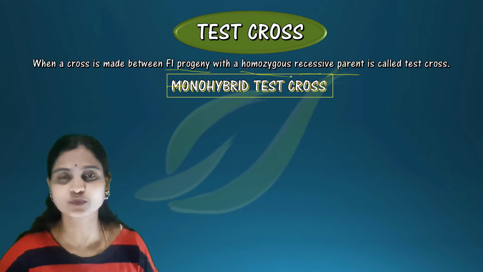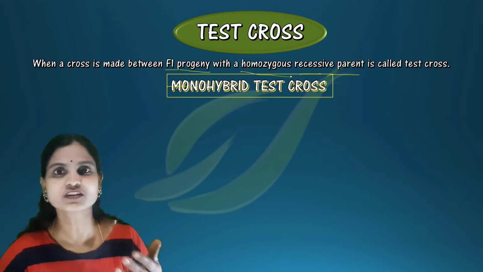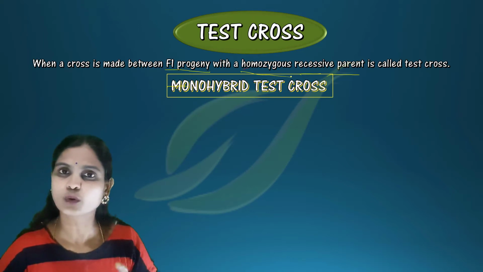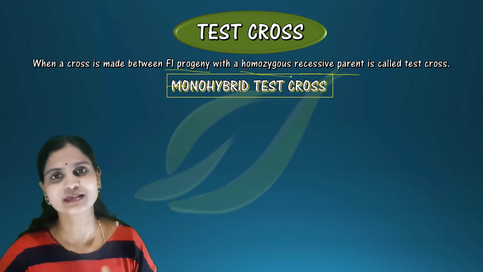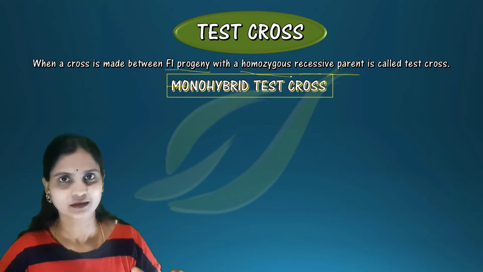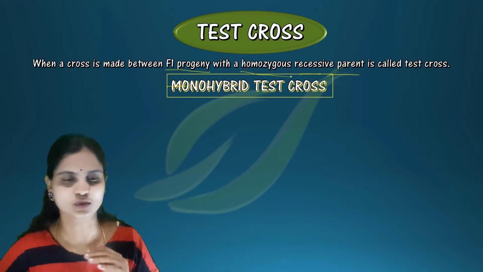In the previous video we discussed monohybrid cross, a cross between parents which differ in only one contrasting character, and we took the example of tall and dwarf. Keeping that in mind, we are going to do monohybrid test cross.